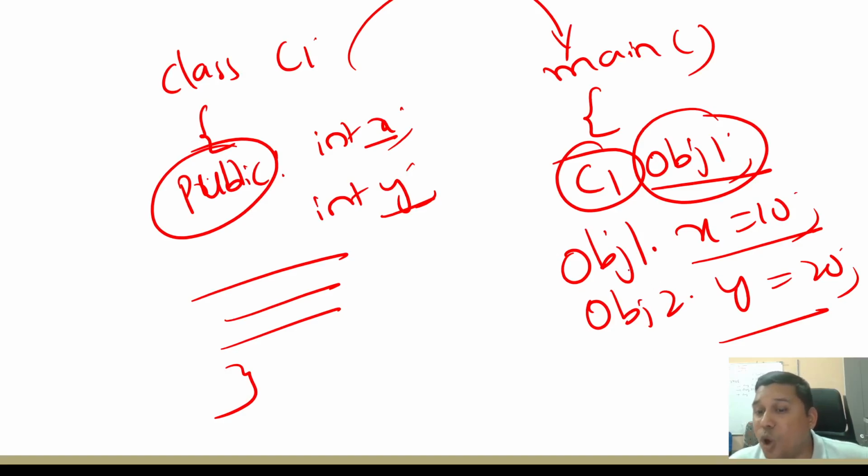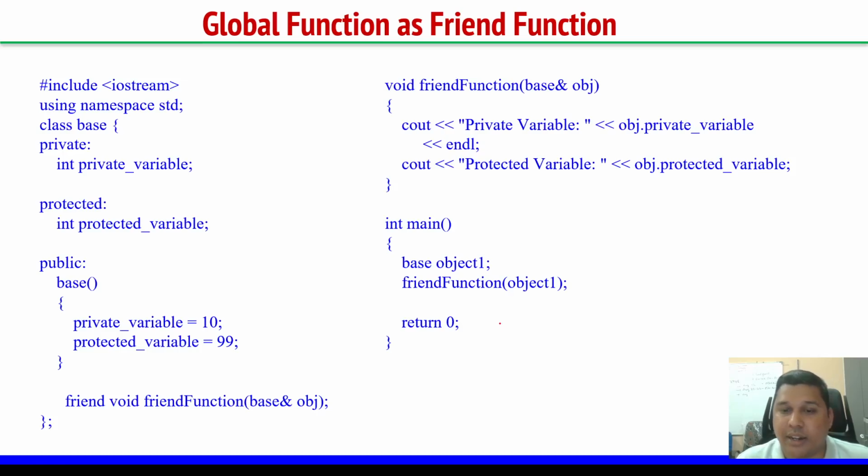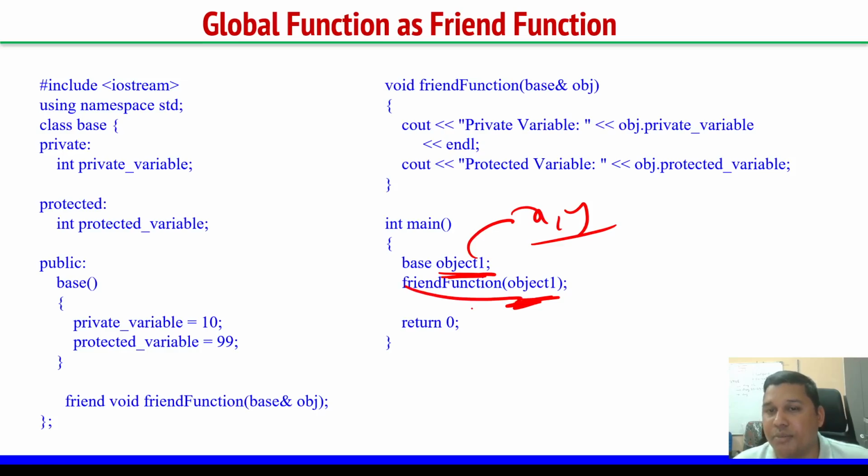So what does this object 1 hold? It holds the values of x and y. Assume I want to pass those values to a function.